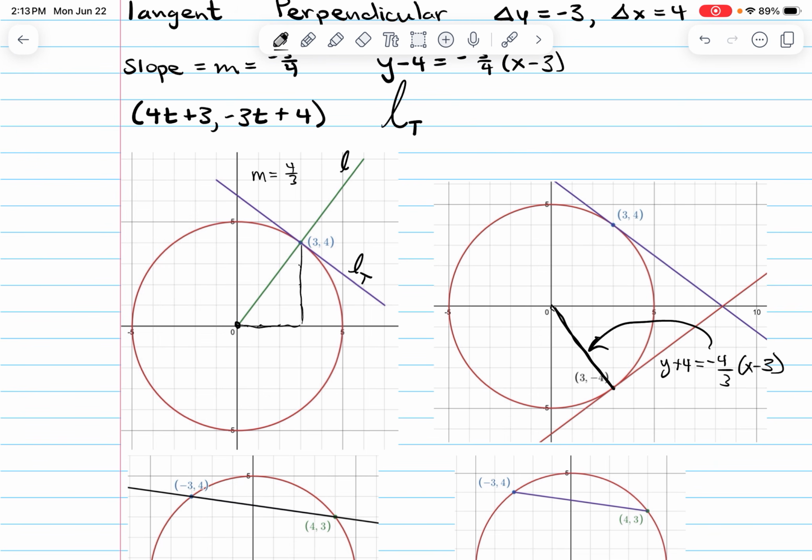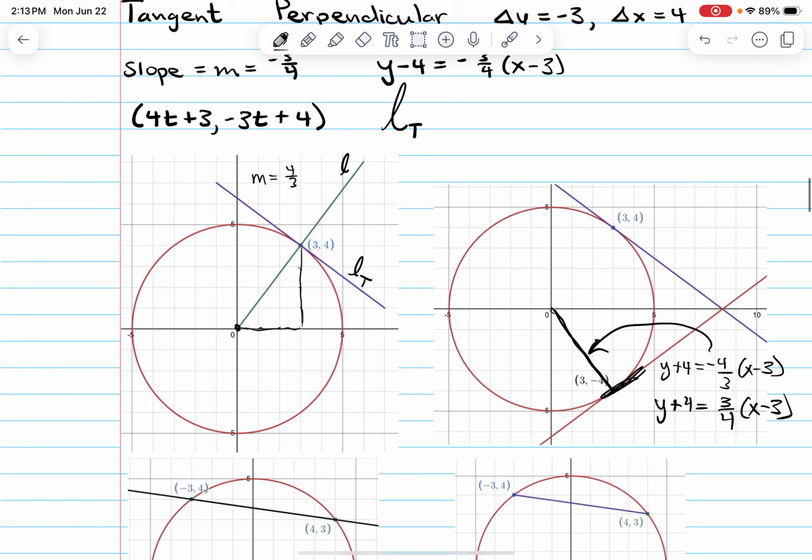Now, if we want to get the tangent, we would do y plus 4 equals negative 3 over 4 x minus 3. There we go. And that would give us this one. See? So all I did was I flipped it. Just flipped it and changed the sign.